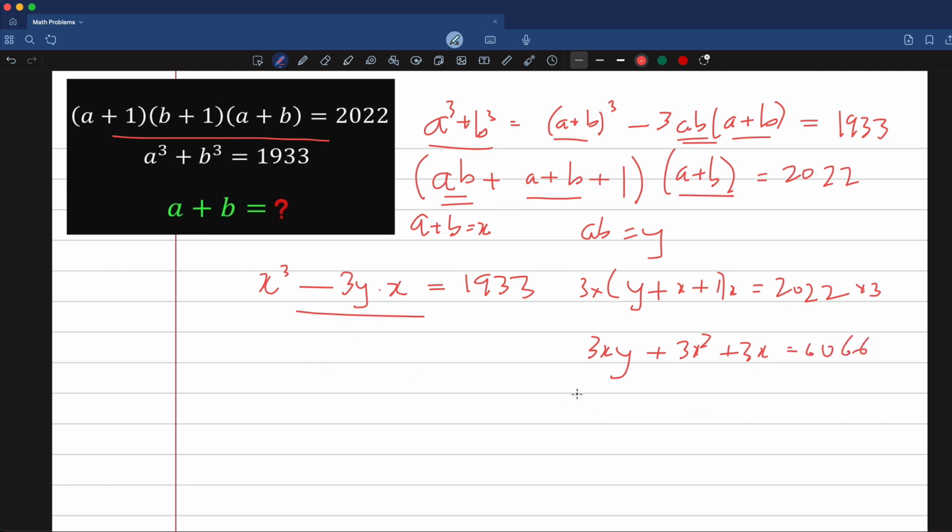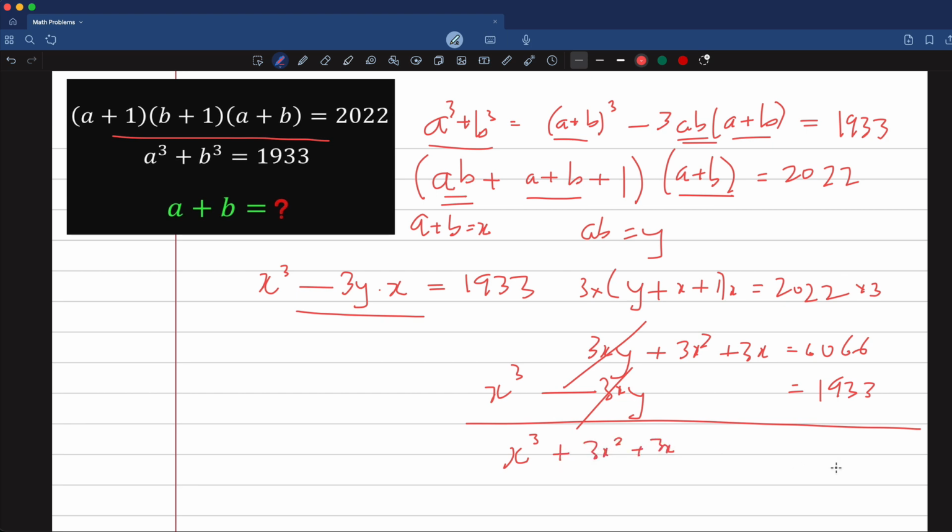And if you take this equation, x cubed minus 3xy is equal to 1933, you can now sum up the whole thing. Plus 3xy and minus 3xy cancel, leaving you with x cubed plus 3x squared plus 3x is equal to 6,000 plus 1,999, which is 7,999.